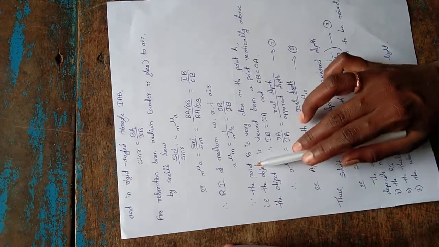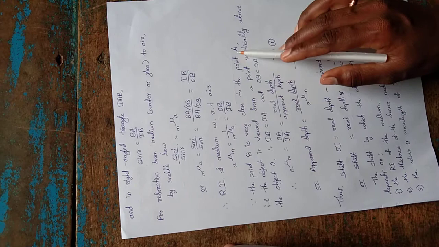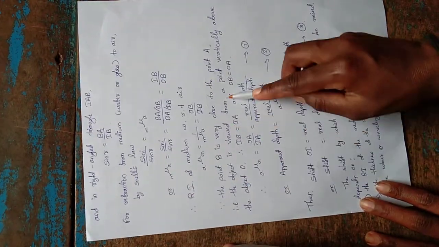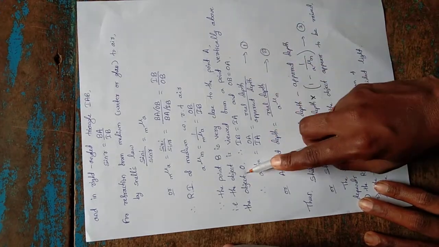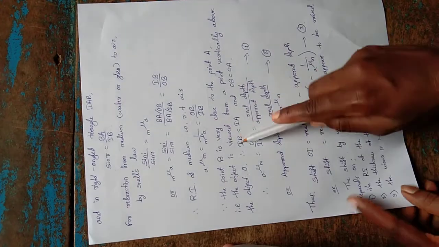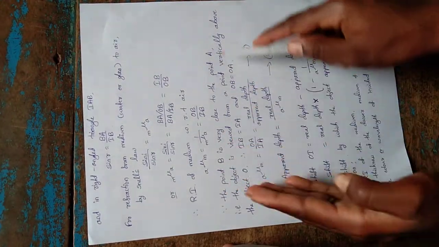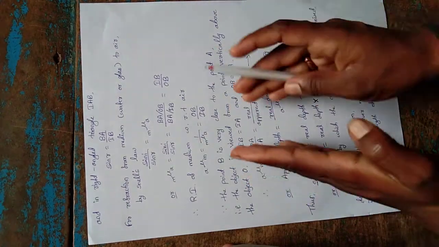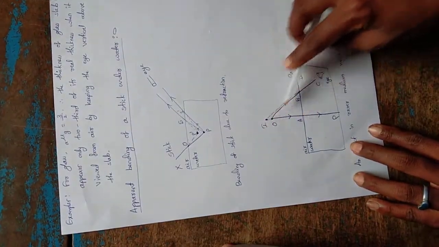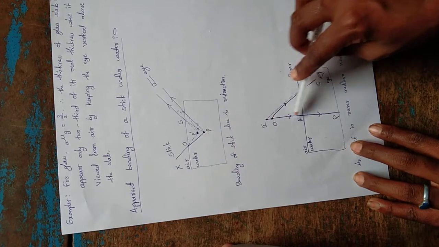Since the point B is very close to the point A in this figure, that is, the object is viewed from a point vertically above the object O, IB is equal to IA. If both are very close to each other, then IB is equal to IA and OB is equal to OA.